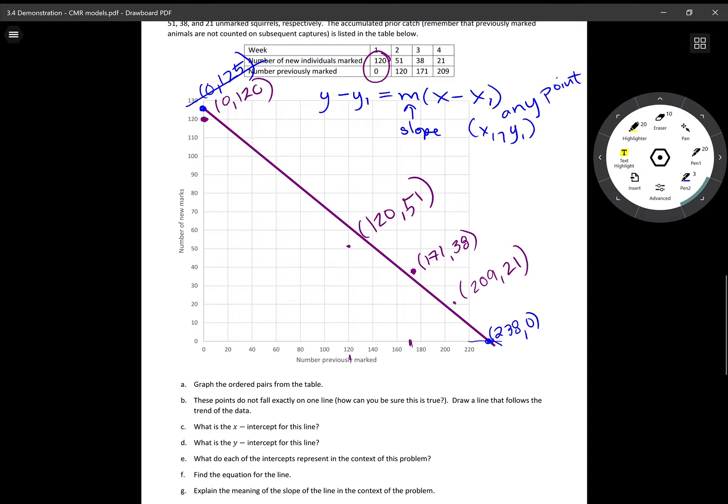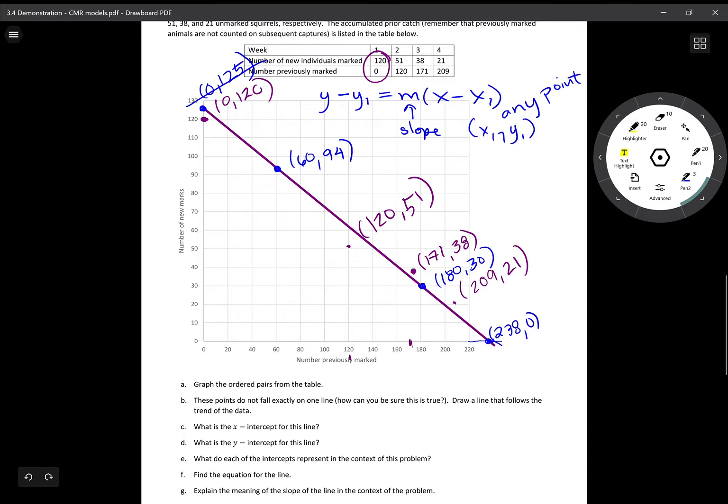But if it's not nicely hitting all your grid lines, you can also just try and snag a couple of points. So I'm going to estimate that my line goes through 60, what do you think that is? Maybe like 94. And then let's pick one more. This actually looks like it hits pretty much right on a grid line. So let's say it goes through 180, 30.